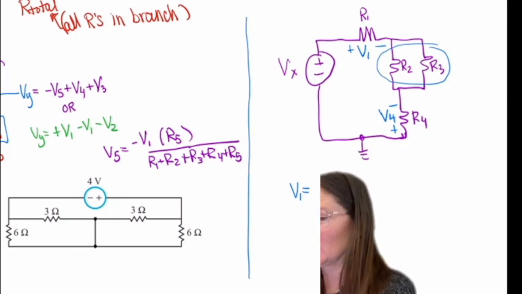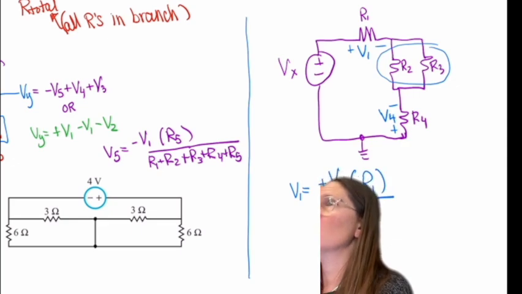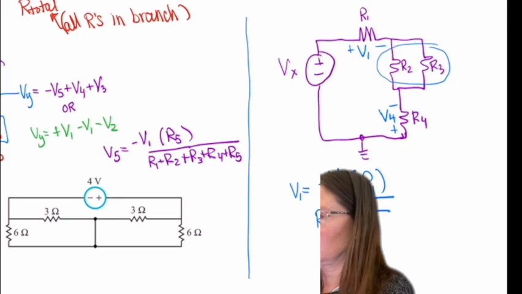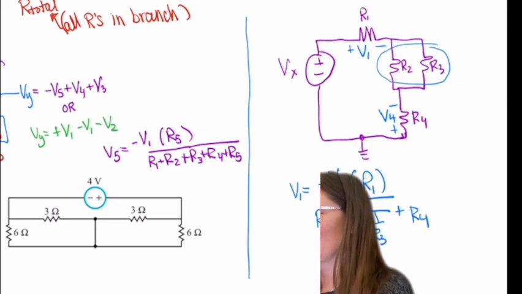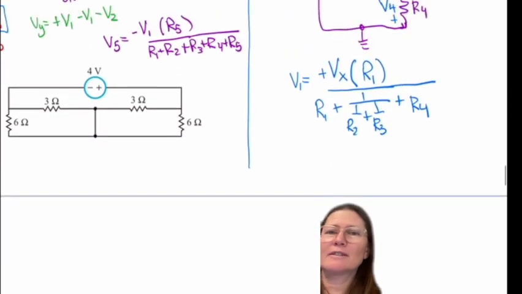Positive. Okay, good. Positive V1 equals Vx times R1 over this REQ. And REQ would be R1 plus R2 in parallel with R3, that is 1 over R2 plus 1 over R3, inverted, plus R4.